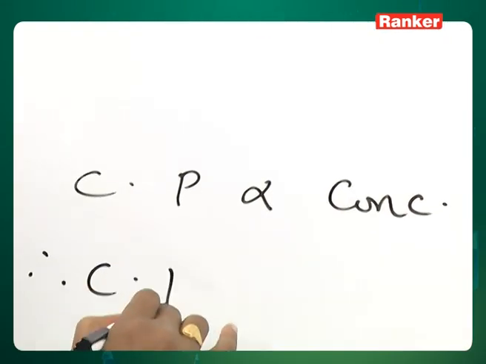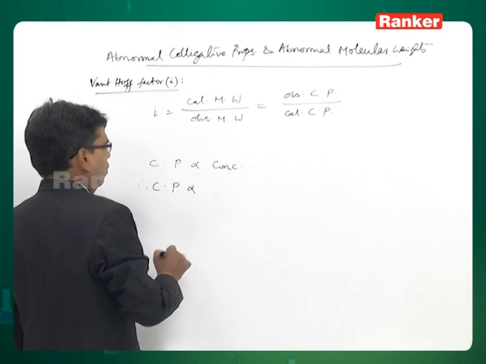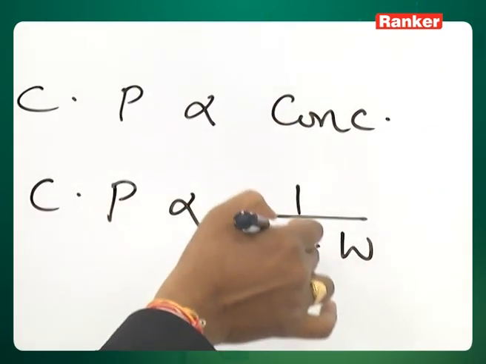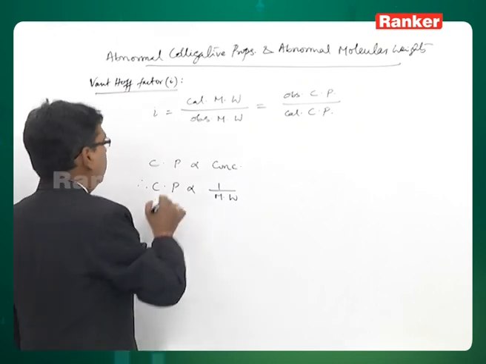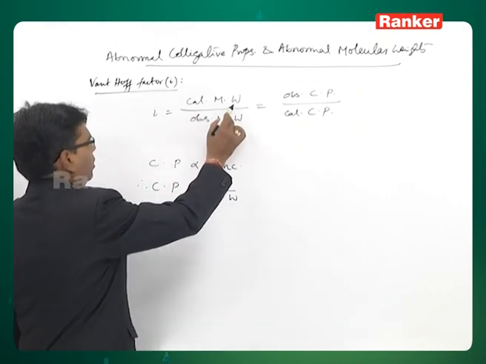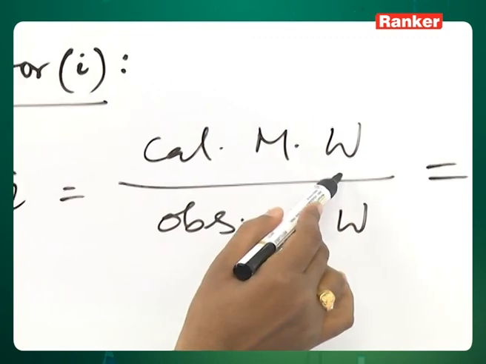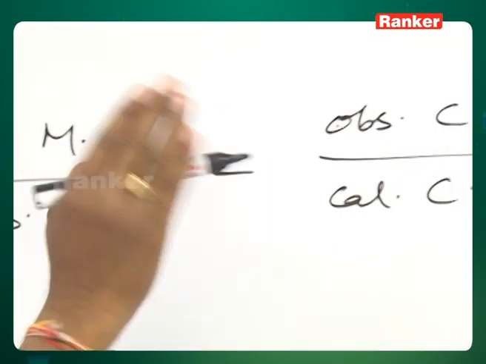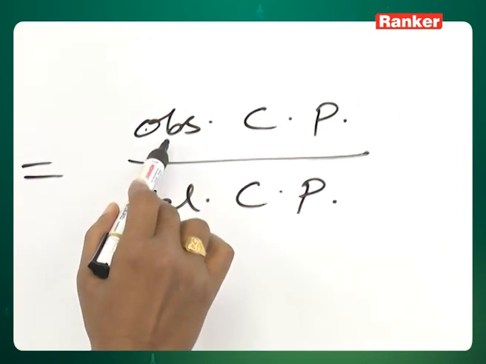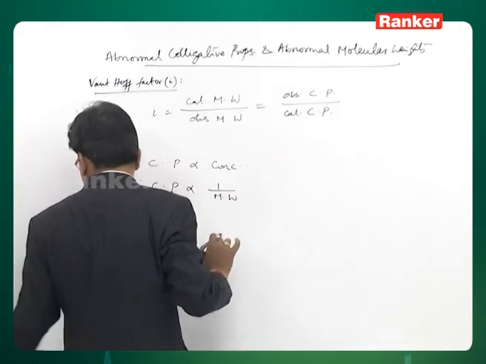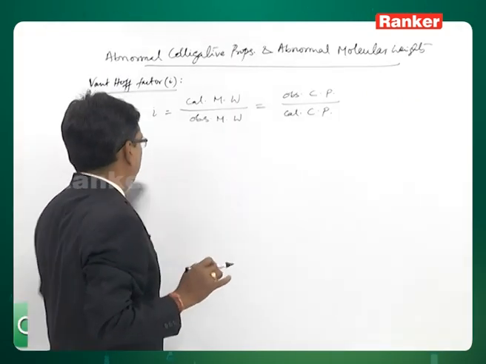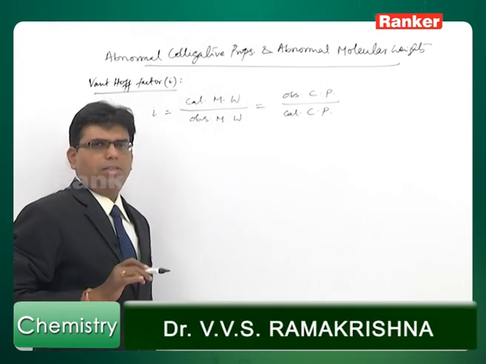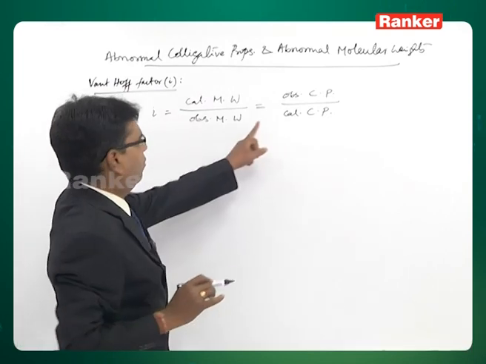Therefore, colligative property is proportional to 1 by molecular weight, because concentration is inversely proportional to molecular weight. So, here you can see that i is calculated molecular weight by observed molecular weight, which is equal to, inversely, in the case of colligative properties, observed colligative property by calculated colligative property. Now, this is what we take as the Van 't Hoff factor.